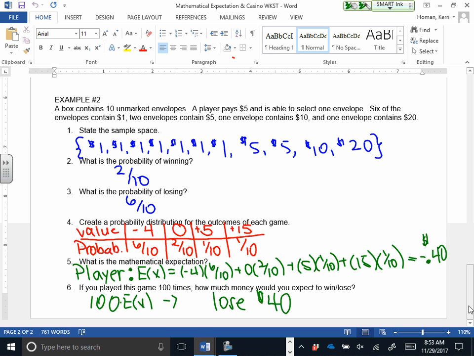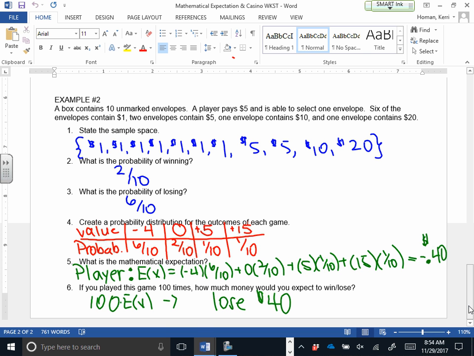Now that kind of stinks, doesn't it? However, think about this. If you were the dealer and this was your game, if a variety of people played your game 100 times, how much money are you making? You're making $40 for every 100 times your game is played.